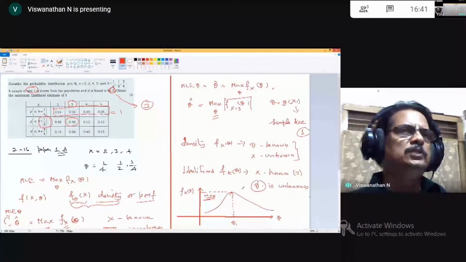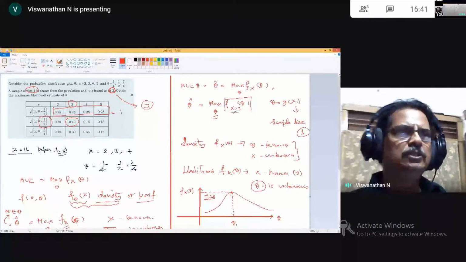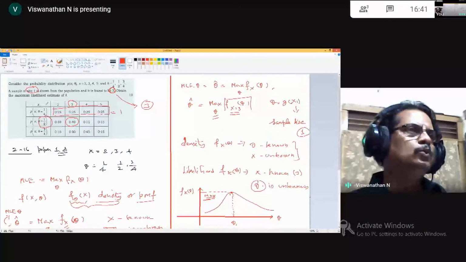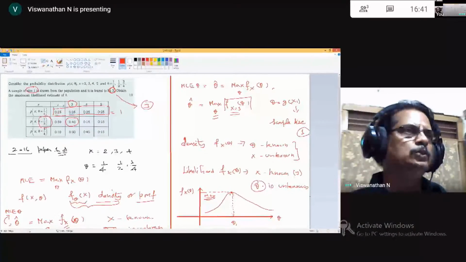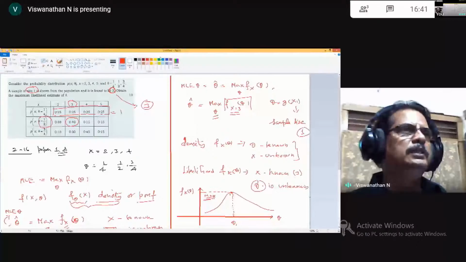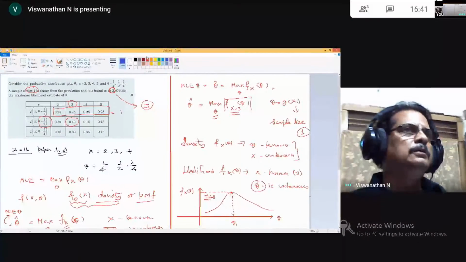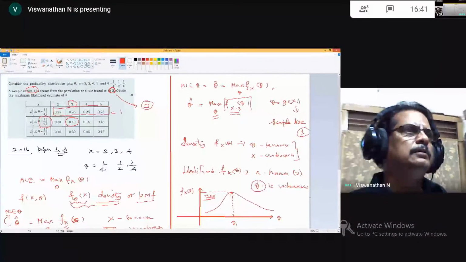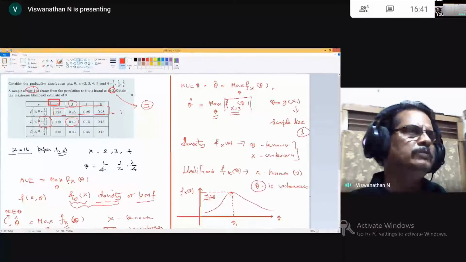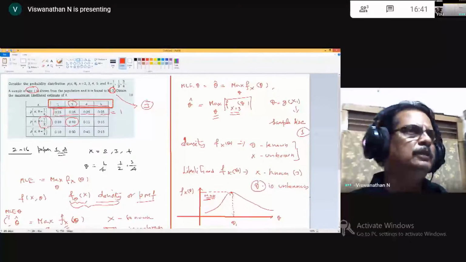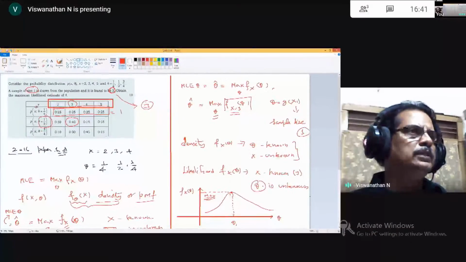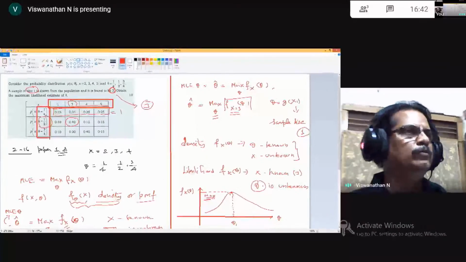Now let us see when it is given that x is equal to 3. Here we have a two-way table in which the columns vary with respect to x: 2, 3, 4, 5. And this is where theta varies differently: 1 by 4, 1 by 2, 3 by 4.